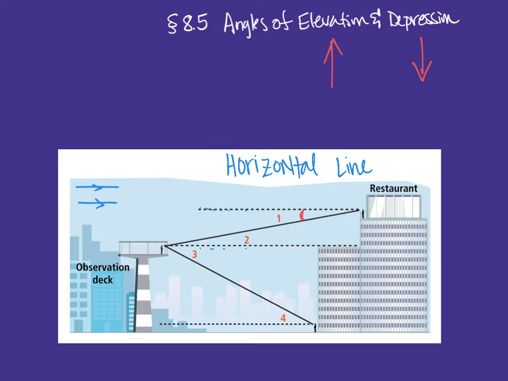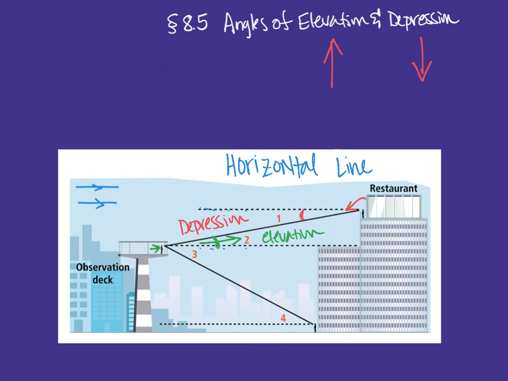So angle 1 right here would be an angle of depression. He's looking down. Now the guy on the observation deck, he instead is looking up. So this little guy right here is looking up. So this angle 2 would be an angle of elevation. He's looking up towards the guy at the restaurant.